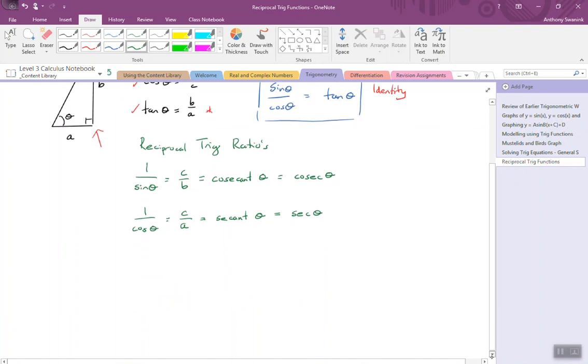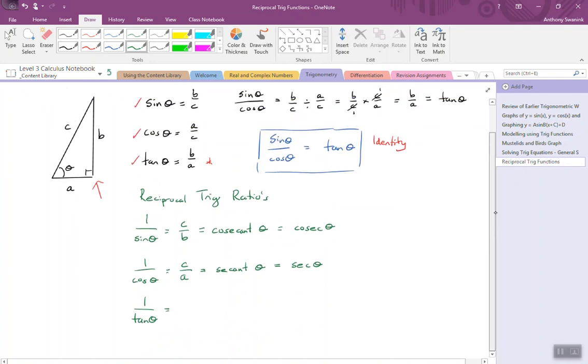I'm just going to move this down a little bit. We also have the reciprocal of the tangent ratio. In the case of this right angle triangle, that would be equal to the adjacent over opposite, so a over b, and that is known as the cotangent ratio.